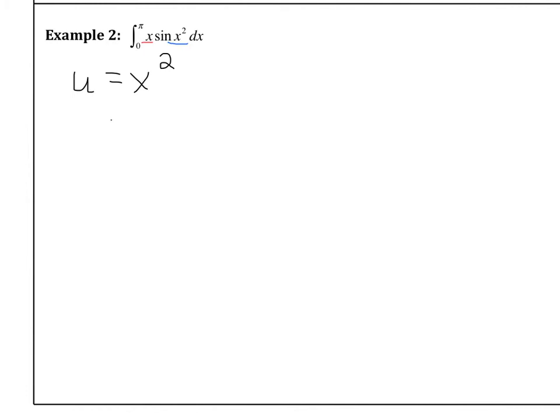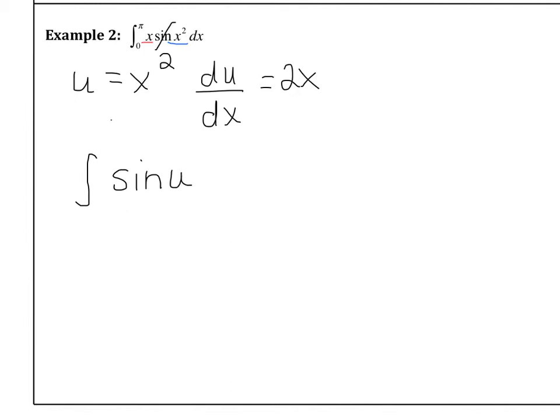Okay, and then we can pretty much proceed as normal, right? So du dx is 2x, and we will start rewriting. All right, so my integral, instead of writing sine x squared, I can now write sine u. So sine of u, that takes care of the sine part, that takes care of the x squared.